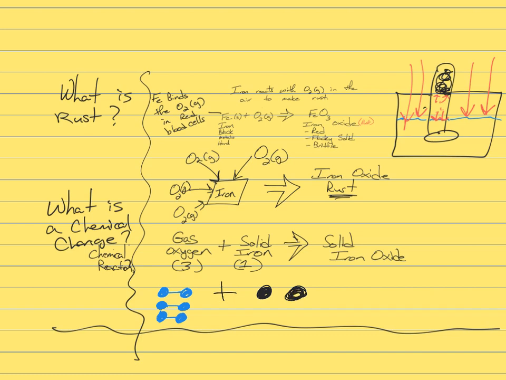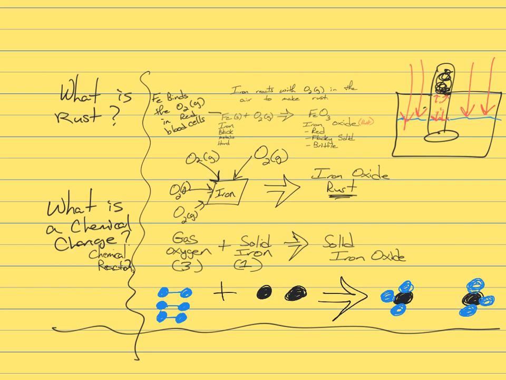And if you combine these together, what you'd form, because remember we said 1 iron atom and 3 oxygen atoms, what you'd end up with is an iron atom here, the black one, with 1, 2, 3 oxygen atoms each, and we call these iron oxide.